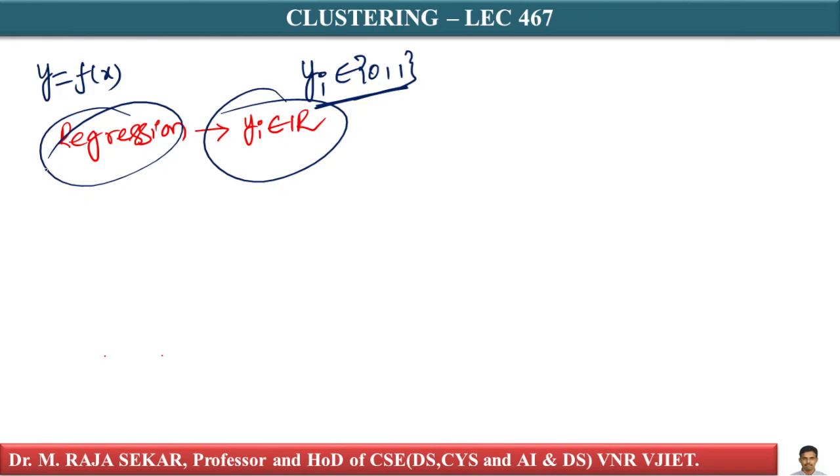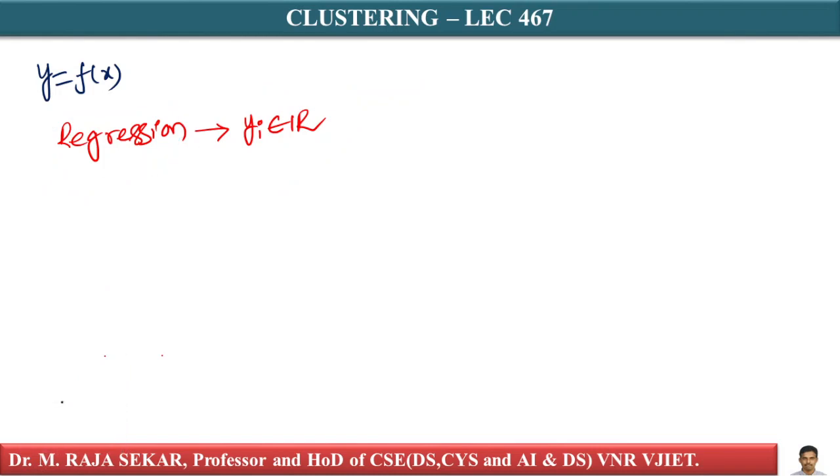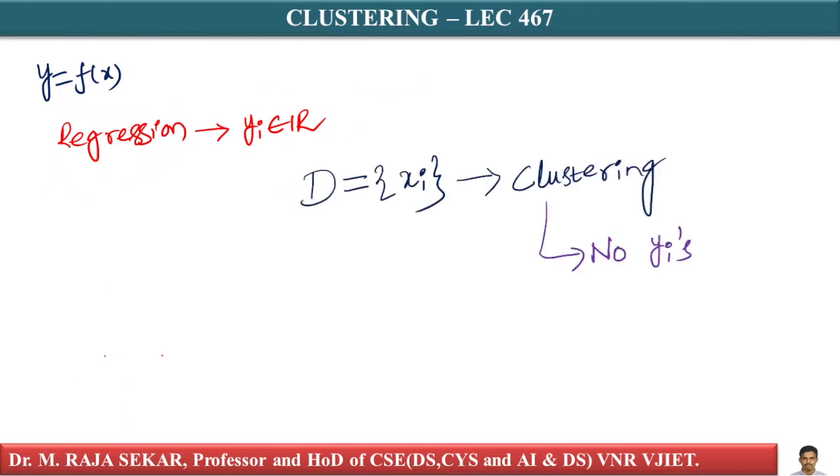But in the case of clustering, you are just given a bunch of data points. Capital D equal to xi. In the case of clustering, there are no yi's. In the case of classification and regression, the task is, given an x, to predict the class label or regression value.